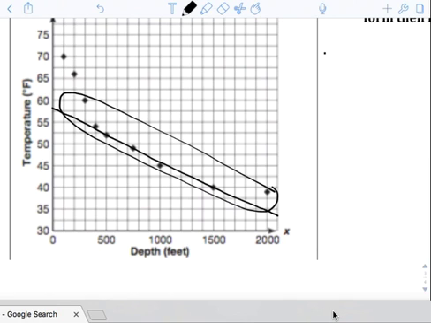We can make our own line. You don't have to use this line. You can use like this, and that, and that. Like that.